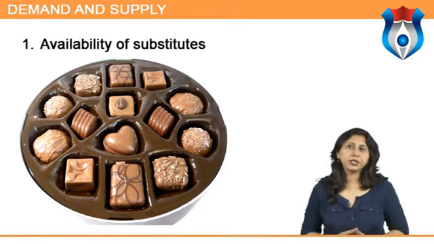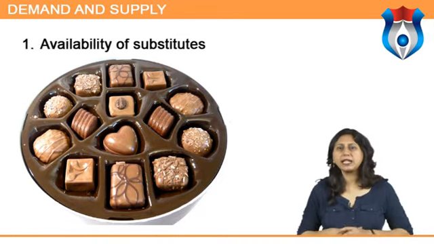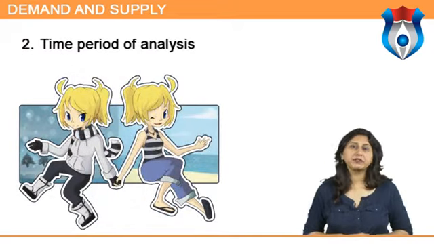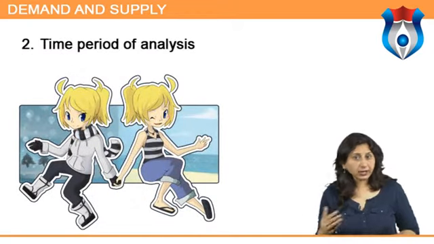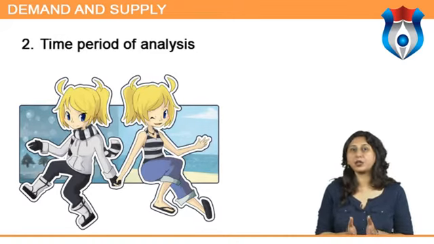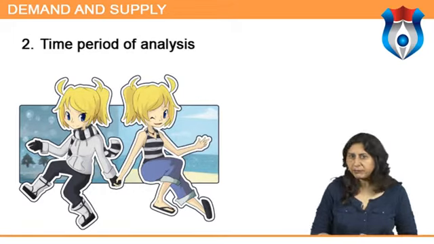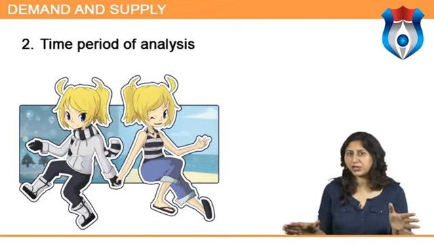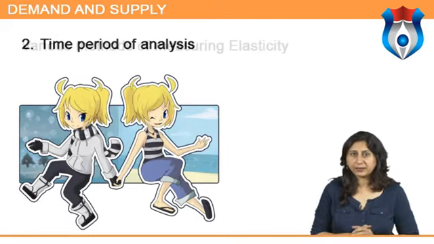With more substitutes available, sellers can easily respond to price changes. Time period of analysis. The longer the time period of analysis, the more responsive quantities are to price changes. Brief periods do not allow sellers the time needed to adjust their production decisions to price changes.